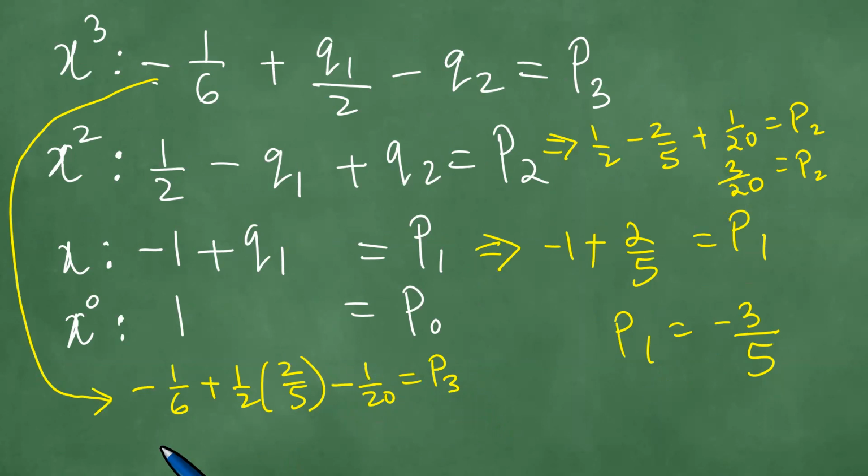Now let us take 1/6 plus 1/2, yes, into Q1, which is 2/5, minus 1/20th, which is... so that means P3 is minus 1/60th.